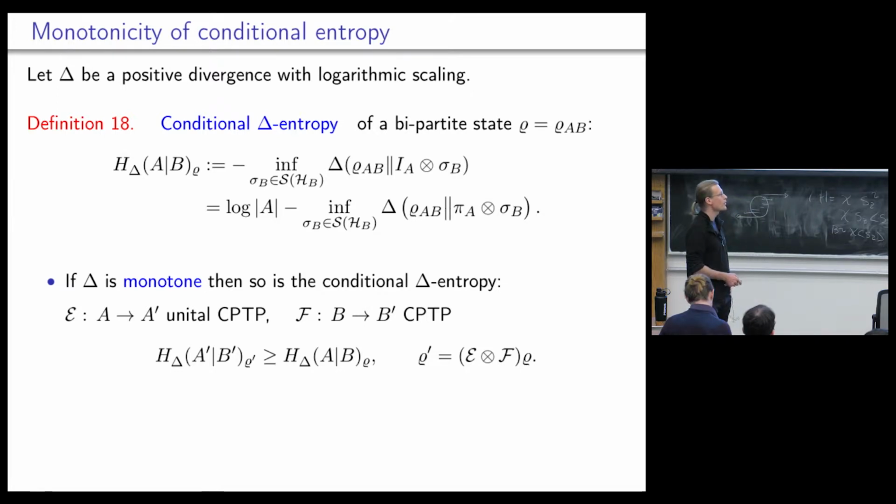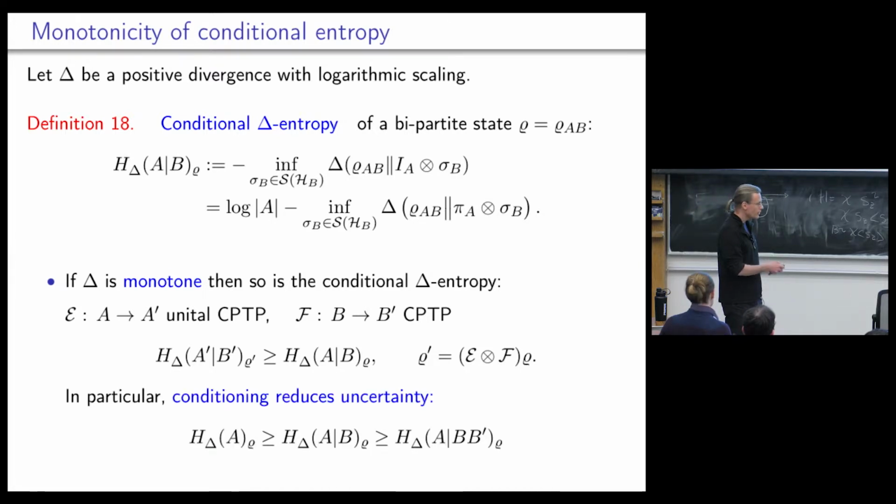So this means that our uncertainty cannot decrease after the action of a noisy channel. And in particular, applying it to the partial trace shows that conditioning reduces uncertainty. So the conditional entropy cannot be larger than the entropy. And if we have more systems to condition on, then our uncertainty should decrease. Okay, so this is, again, very intuitive. Good.